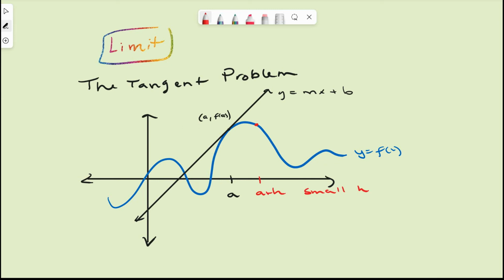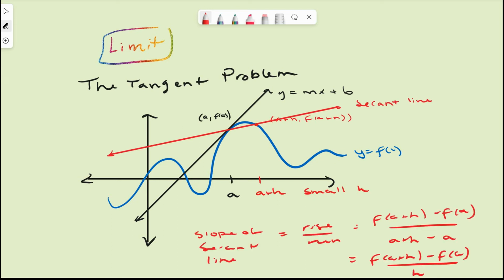We first approximate the slope of the tangent line by finding the slope of the line that passes through these two points, a comma f of a, and this red point, a plus h comma f of a plus h.